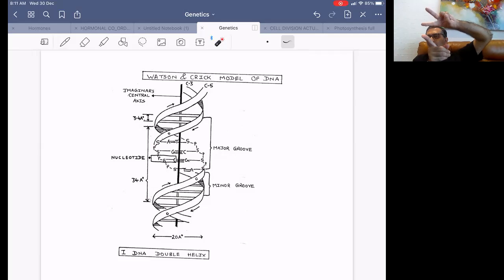Here this is minor, this is major. One minor, one major, one spiral of one strand.